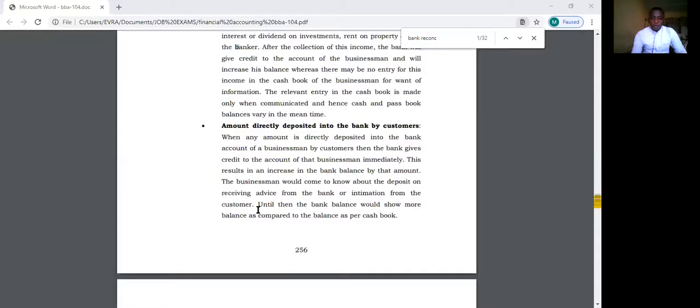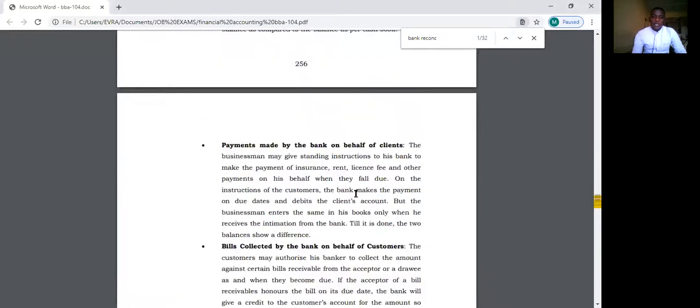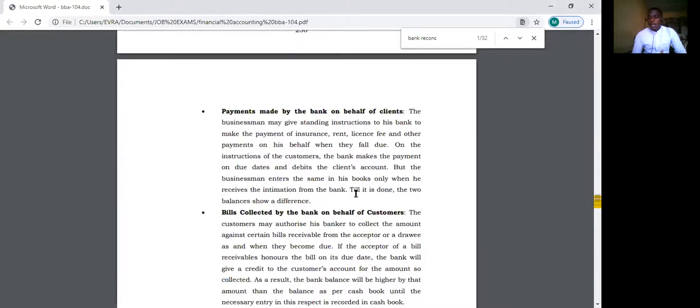Let's proceed. When it comes to the causes, that is what we are still on. There is also a payment made by the bank on behalf of the client.